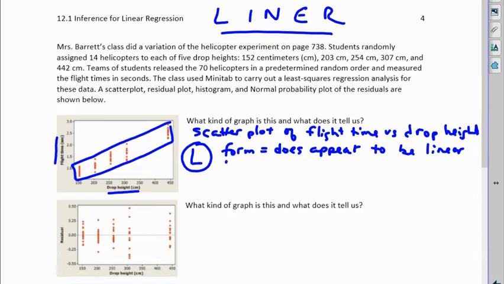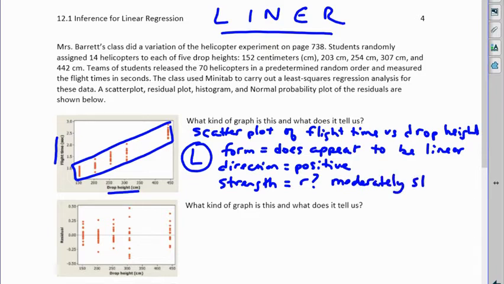My direction is positive. My strength, now I don't know what r is. If I knew it, that would be kind of helpful, but just on a gut, I'm going to say moderate or strong, moderately strong maybe.